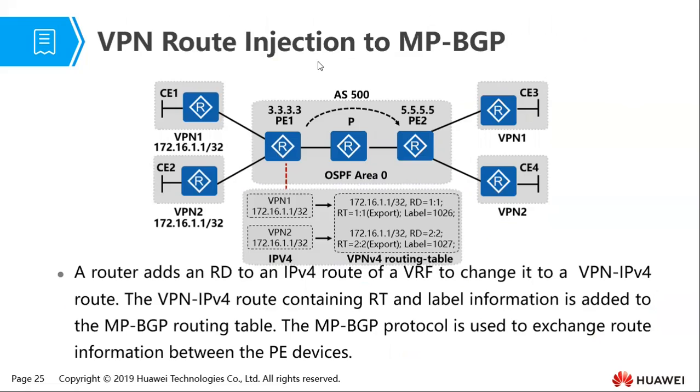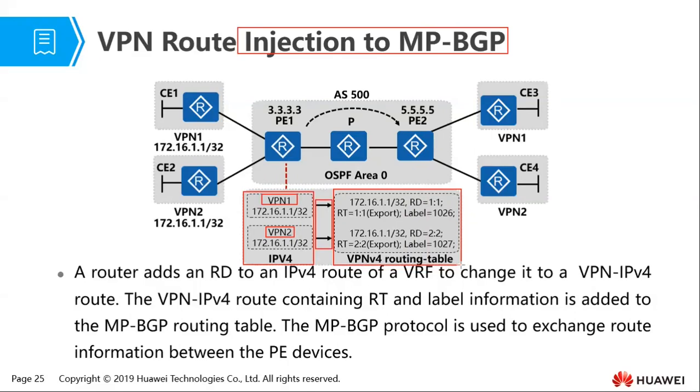Then the next step is to inject the VRF routes into MP-BGP. What that means is that we have VRF, which has VPN instances for each of the CEs that is connecting to the PE. We now inject this into the global routing table.